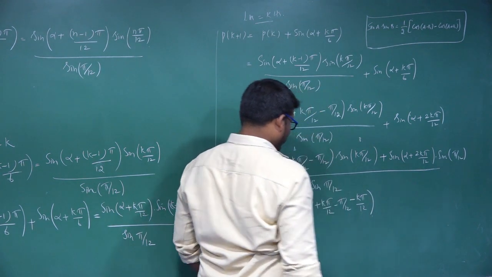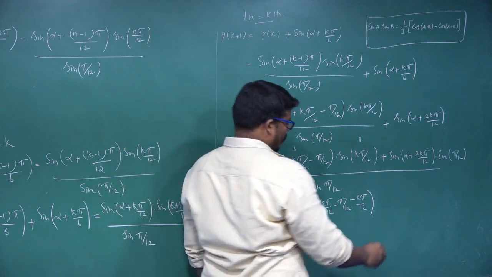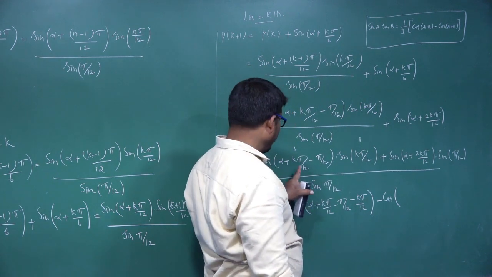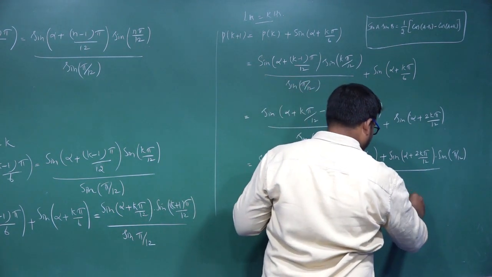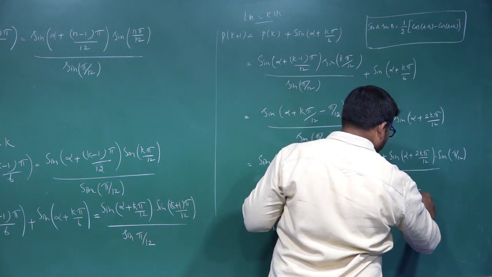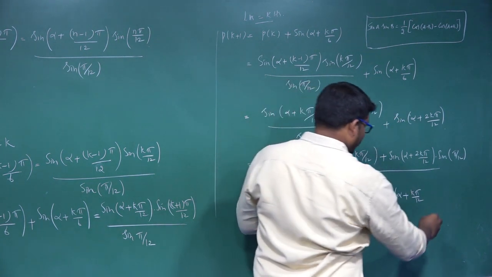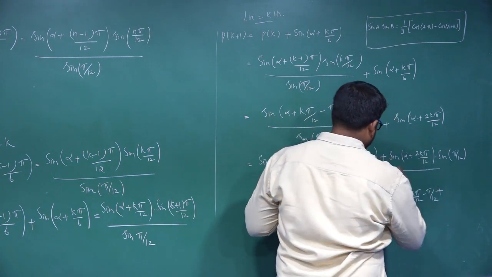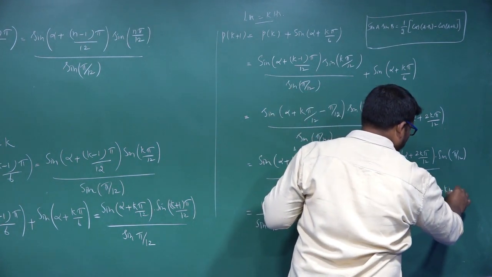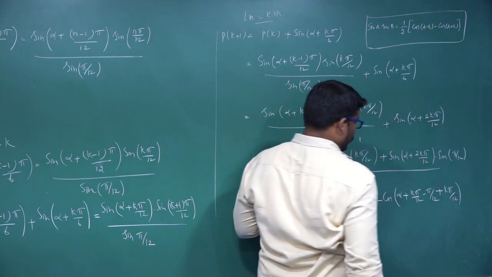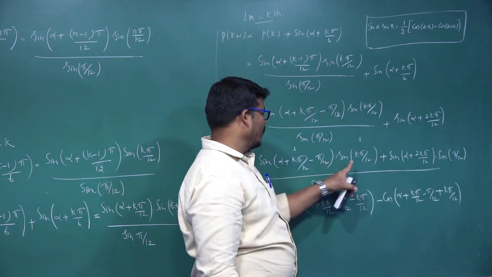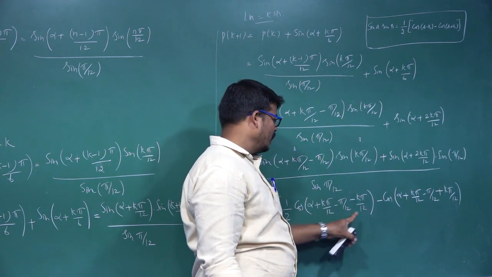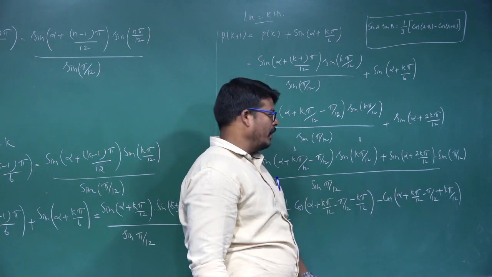Then cos of A plus B: A is alpha plus k pi by 12 minus pi by 12, plus B, which is k pi by 12. Apply the sin A sin B formula, 1 by 2 cos A minus B minus cos A plus B.